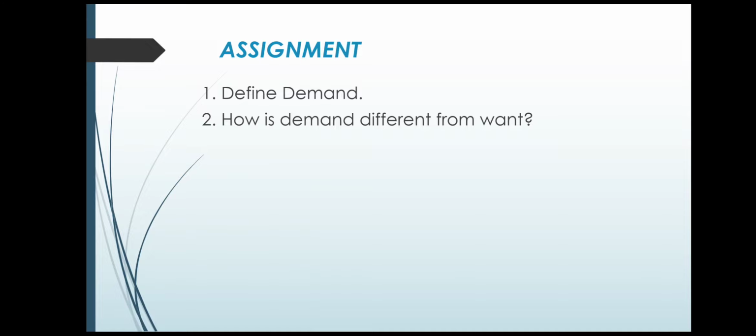On the other hand, demand includes desire, ability, willingness, along with at a particular price and at a particular time. So that is the difference. You need to write it in your own words, and at least 3 points you need to write.